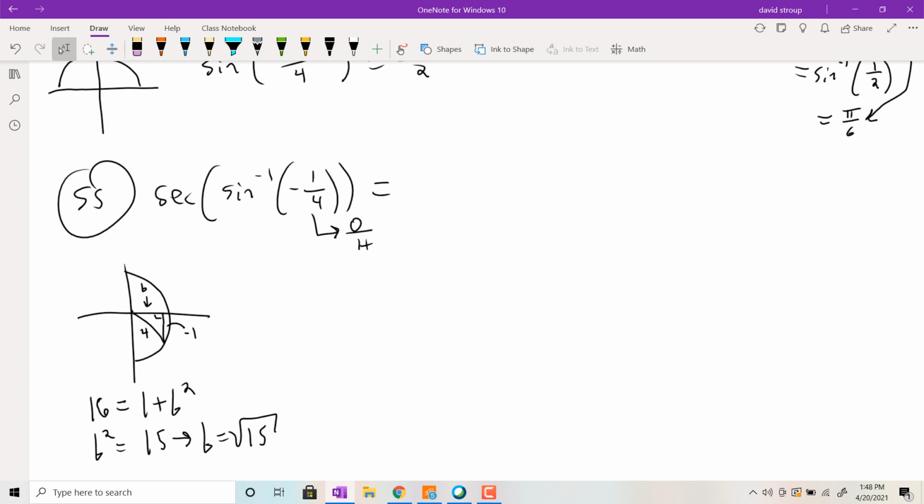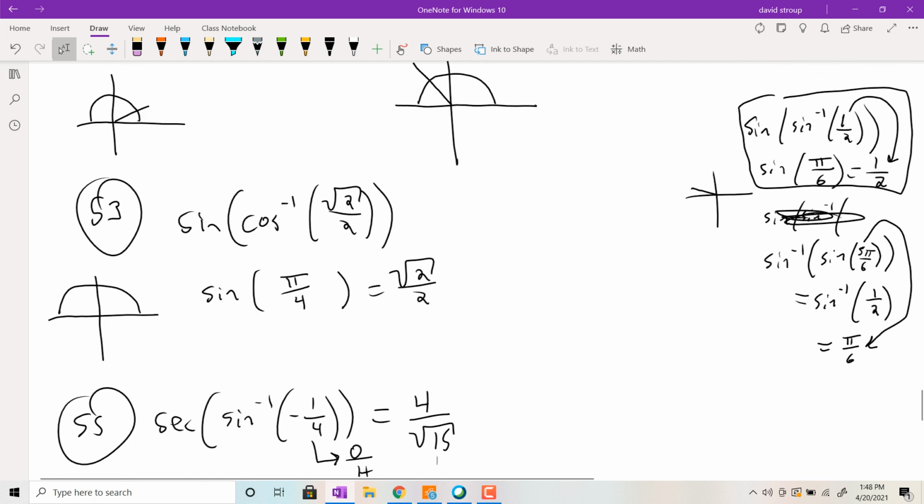And so secant then is hypotenuse over adjacent. So it's going to be 4 all over root 15 at the end of the day. Okay, so you can always draw a triangle if you want. So for the earlier problem, you can put a triangle in the first quadrant because this input value is positive.